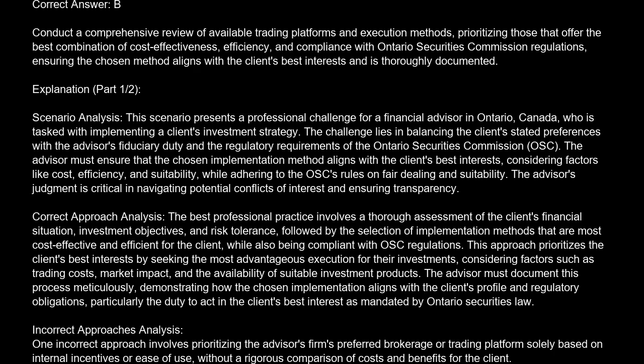This approach prioritizes the client's best interests by seeking the most advantageous execution for their investments, considering factors such as trading costs, market impact, and the availability of suitable investment products. The advisor must document this process meticulously, demonstrating how the chosen implementation aligns with the client's profile and regulatory obligations, particularly the duty to act in the client's best interest, as mandated by Ontario securities law.